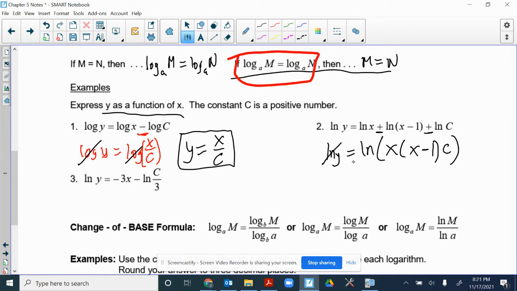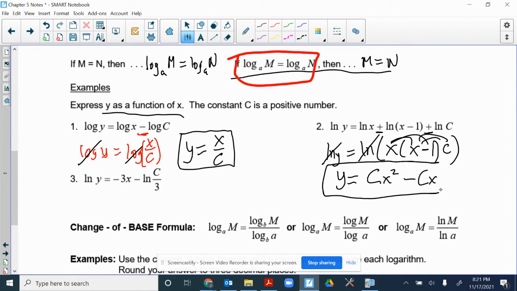And then, again, we can cancel out those logs. And if we wanted to, we can multiply this out. So I can do that times that, and then that times that. So that would be cx squared minus cx. Or we could leave it as factored form. It doesn't really matter, right? We could have also just left it, I would have rewritten it as cx times x minus 1. But either answer is fine with the y equals.